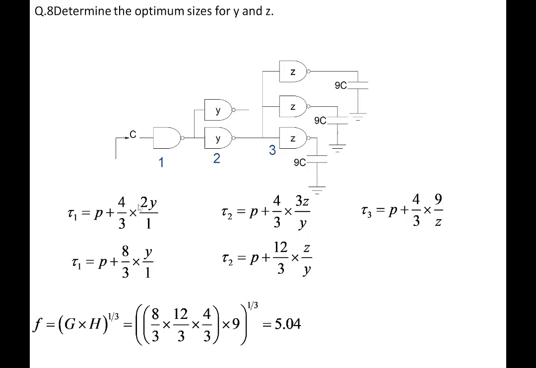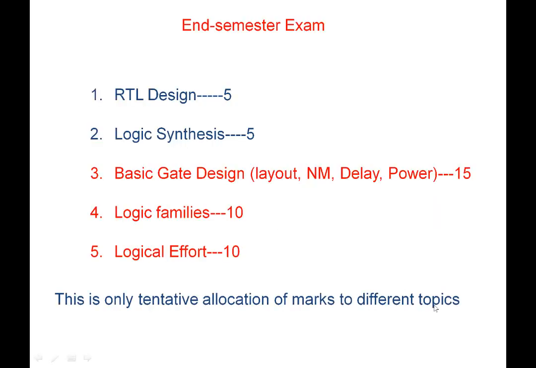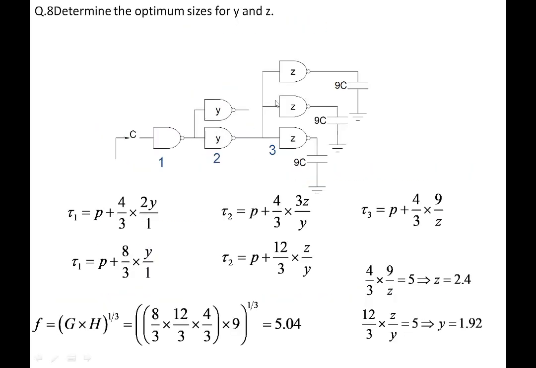Internally, you call this G, and then this becomes Y by 1, this becomes the standard form Z by Y, and this becomes 9 by Z. You use all the results, and from there you figure out what the optimum values are. Z is 2.5 and 2.4, and Y is 1.92.